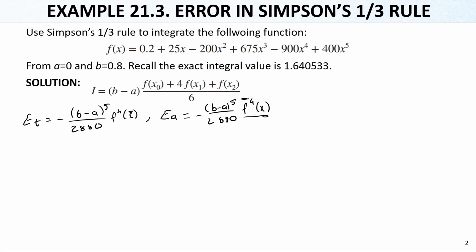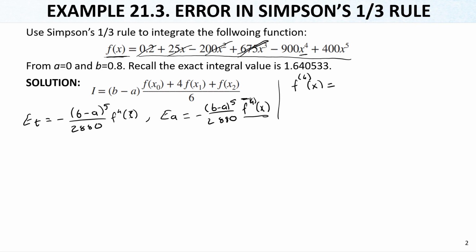So for that we need the fourth order derivative of this function. If we take the fourth order derivative of this, simply this becomes 0, this becomes 0, this becomes 0, because fourth order is like 3 times 2 times, this becomes 0 as well. This one, 4 times 3 times 2 times 1, and x remains only.